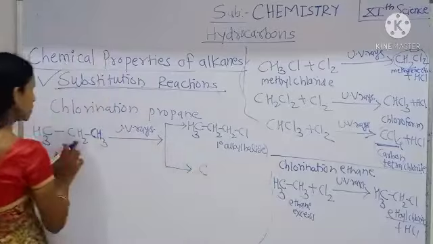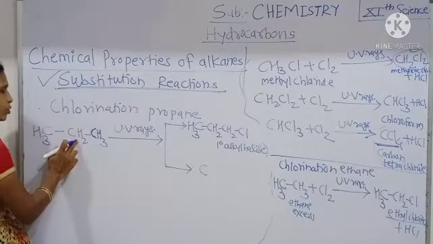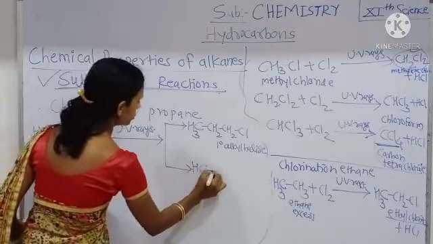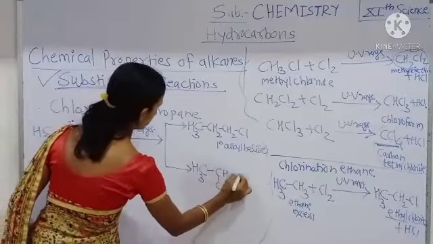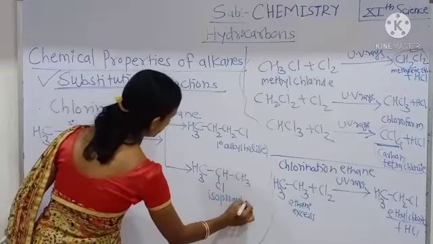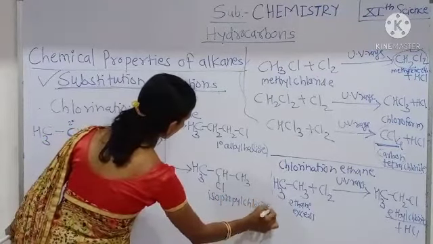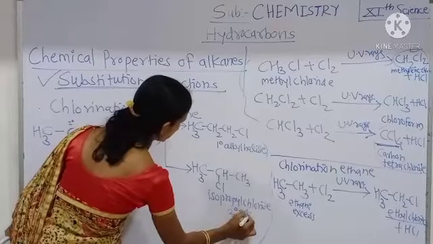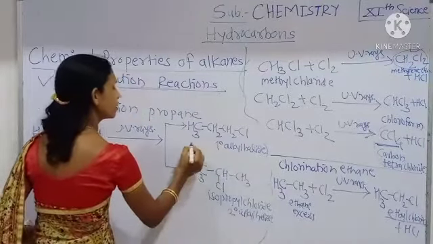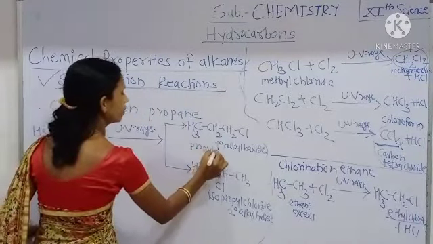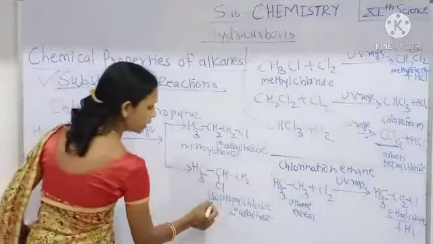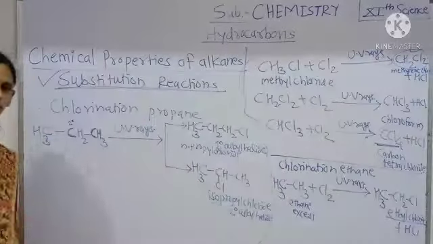And if substitution of hydrogen of a secondary carbon atom takes place, then it gives CH3CHClCH3, that is isopropyl chloride, which is a secondary alkyl halide. So n-propyl chloride and isopropyl chloride are formed.